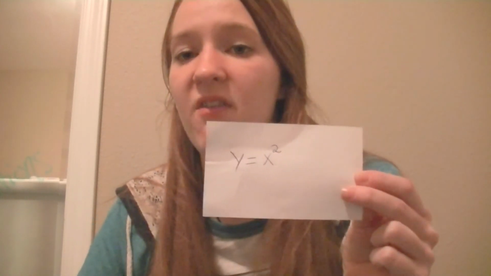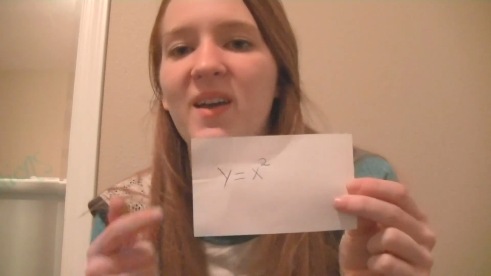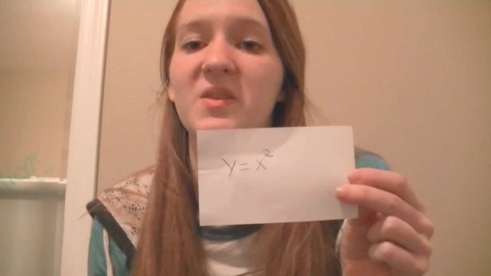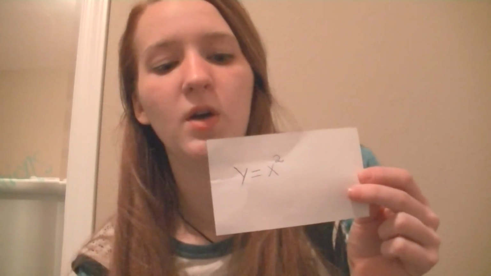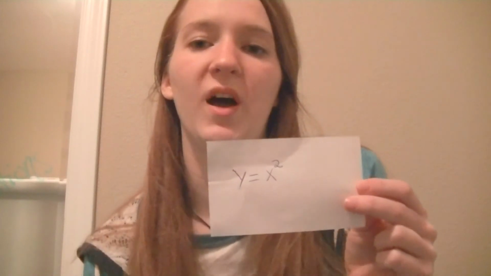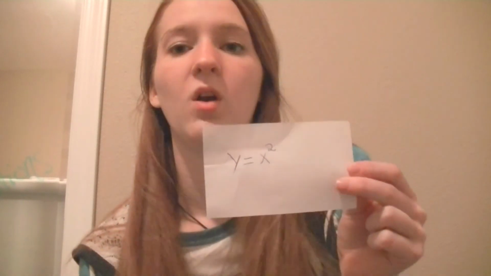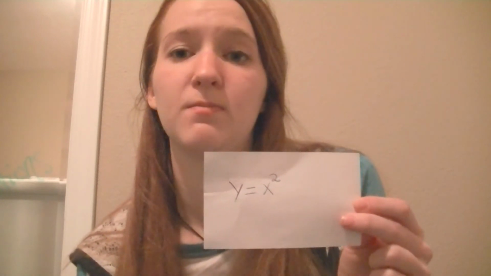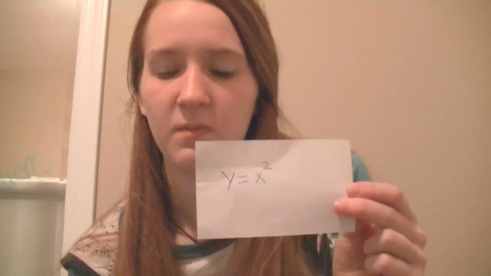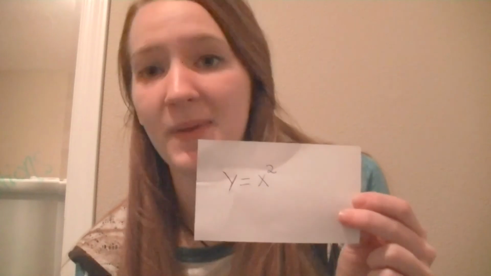y is the dependent variable, and that's what the range is: everything the dependent variable can be. In this problem, y is x squared. So if x is a negative number, y is positive, because once you square a number, it can't be negative.